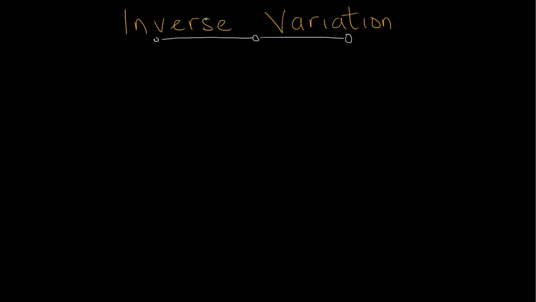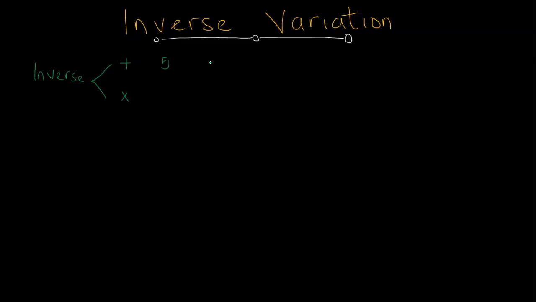Before venturing into inverse variation, we need to know what this word, inverse, means. Inverse can either be an additive inverse or a multiplicative inverse. For example, 5 is a positive number.